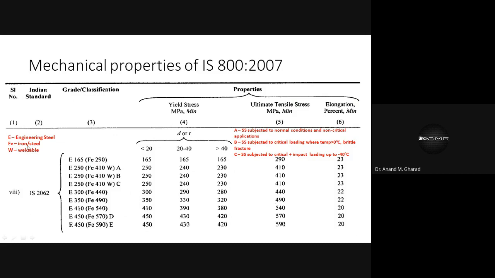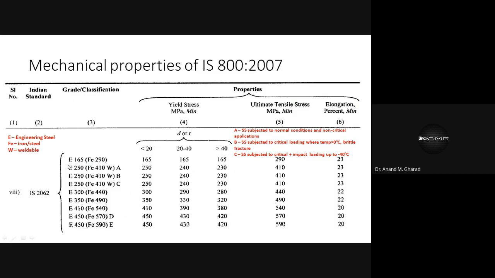FE stands for iron, isn't it? Chemical name Fe. Capital W stands for weldable. So, for example, this grade E250, Fe410W, capital W. W means these steel grades are weldable.